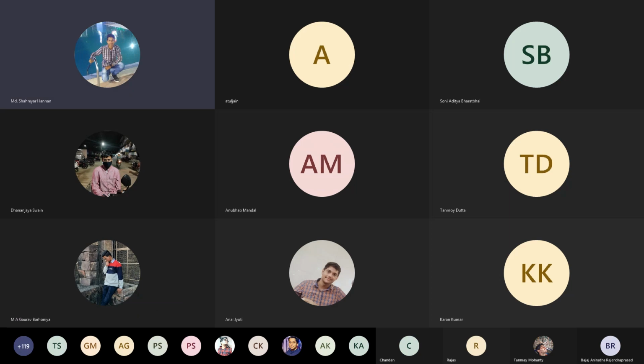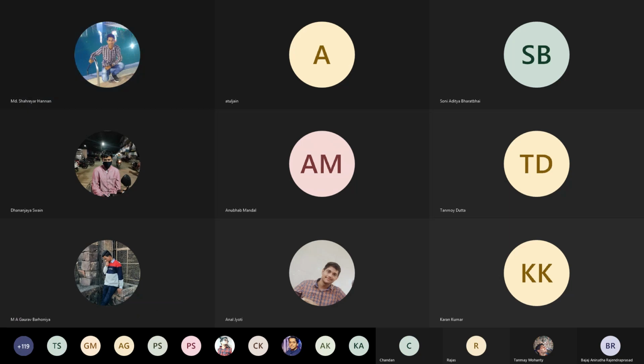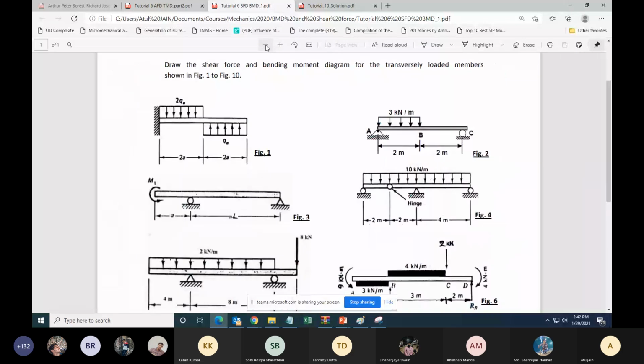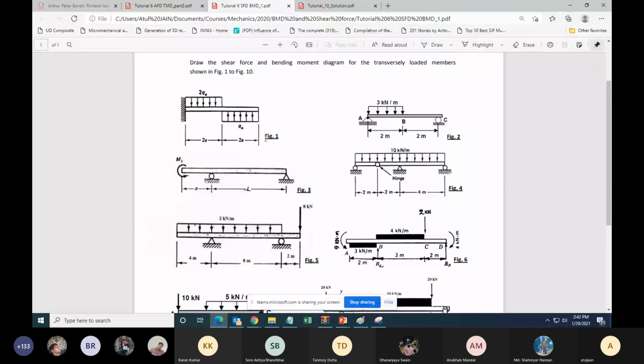Now let us look at our problem sheet once. So if you look at our problem sheet, question number 1, 2, 3, 5, 6.